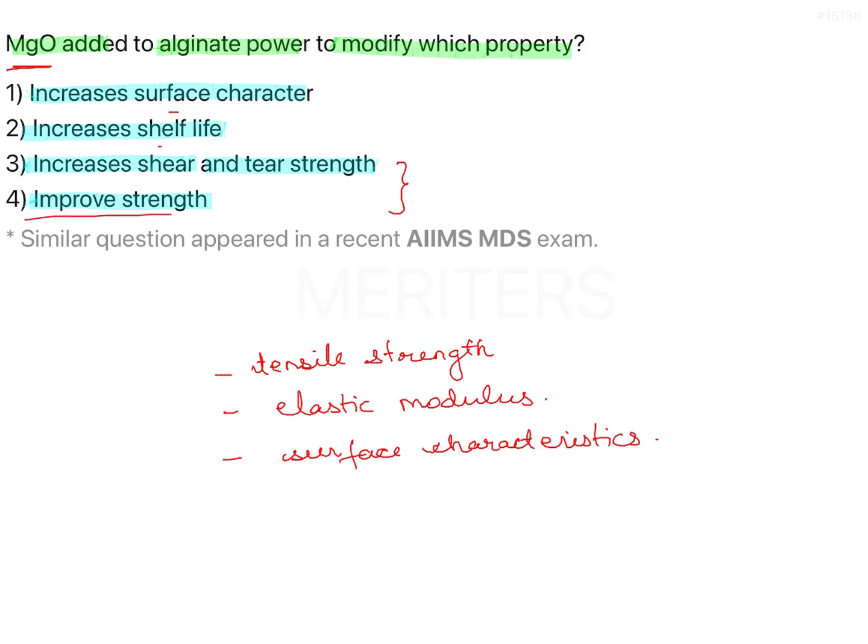So it says improve strength and increases shear and tear strength. Tear strength is not appropriate. Improve strength could be. Increases shelf life is not the correct answer. So that leaves us with increased surface character and improved strength.